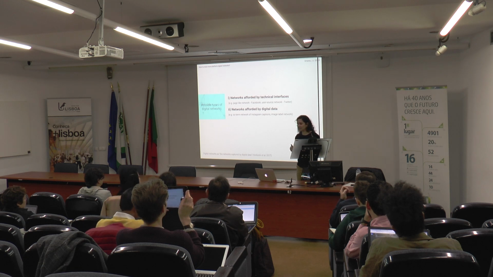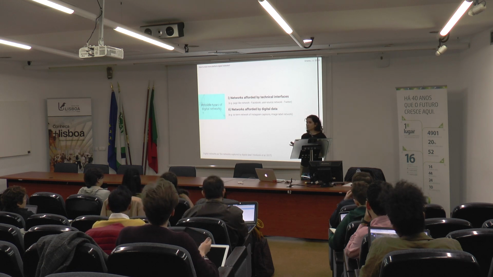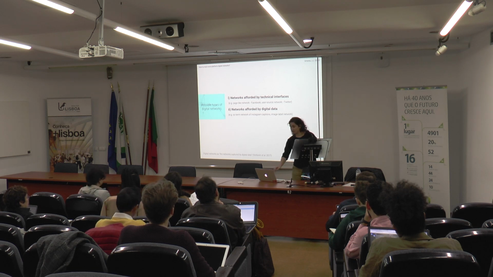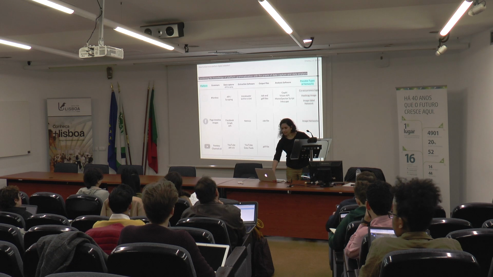In the second case, it's not necessarily a representation organized by the technical interface of the platform, but something we can build up, something we can make. For instance, a core-term Instagram caption, image label network, because we can access digital data, so we can build this type of network.